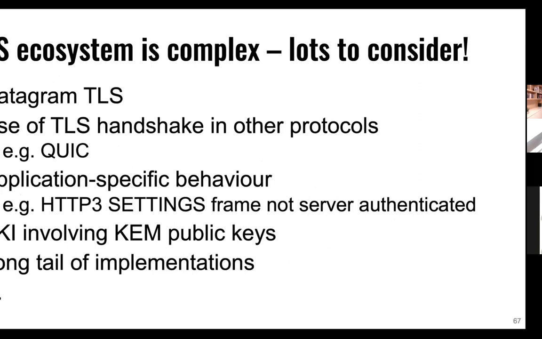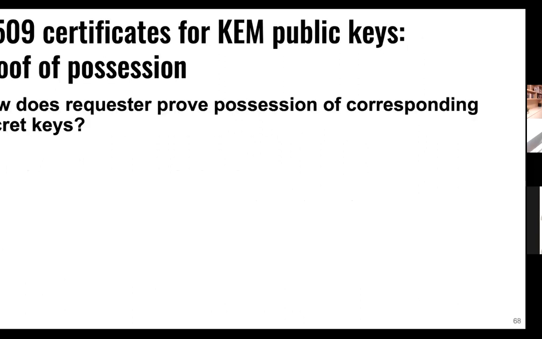If we're going to start using KEM public keys, and we want these to be certified, then we have to consider what certification of KEM public keys is like. And there's some subtleties there that we're working on. And there's, of course, the long tail of implementations and middleboxes that can screw things up in the TLS ecosystem.